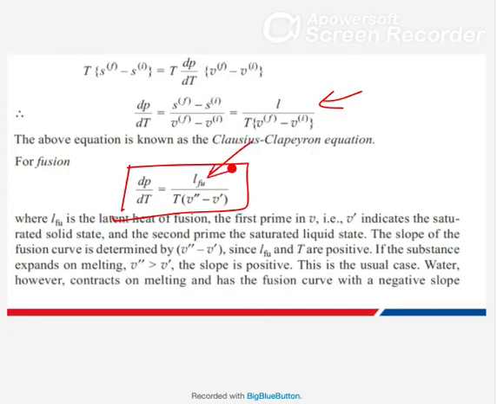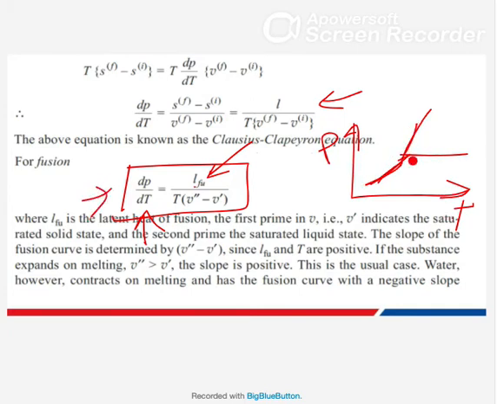Now for the fusion process, you can write latent heat of fusion, so latent heat and the slope. See, we have the PT plot. Now in that we draw this. For every process, like the fusion process, vaporization process, sublimation process, there will be a slope of this curve. So dP/dT will tell you the slope of this curve only.